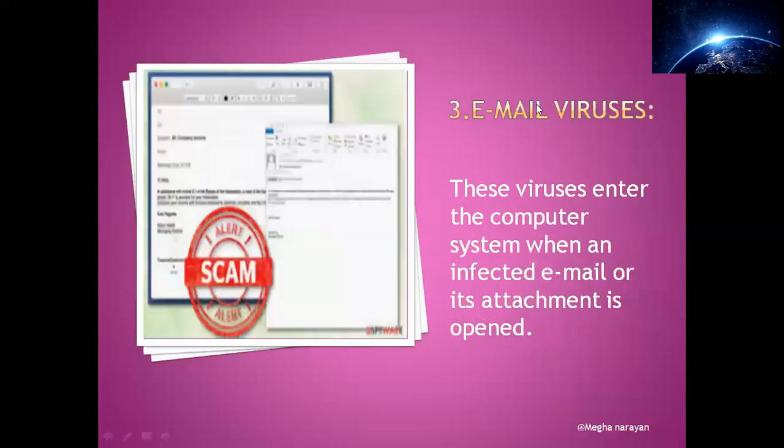Moving towards the third type, as the name suggests, you can learn the entire story here. This is written email viruses. So these viruses enter the computer system when an infected email or its attachment is opened. That means you are getting a mail, just like the previous example we had used.